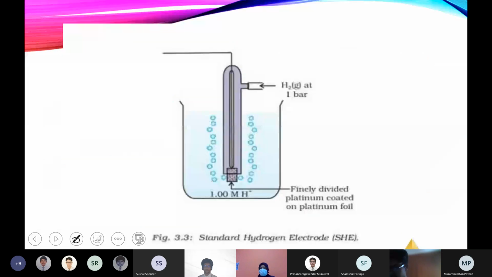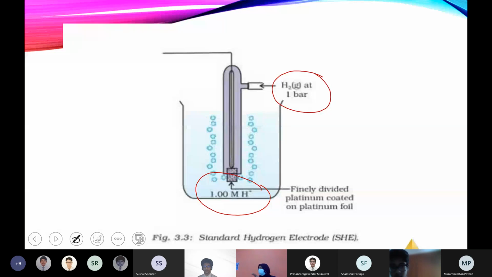And this is how it looks. Standard hydrogen electrode is hydrogen gas and a platinum wire with porous platinum, in an electrolyte of any solution containing H+. The important point to be noted is that the pressure at which the gas is passing is 1 bar, and the concentration of the solution is 1 molar, or 1 mole per decimeter cube.